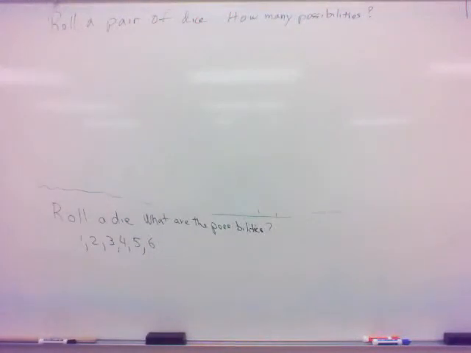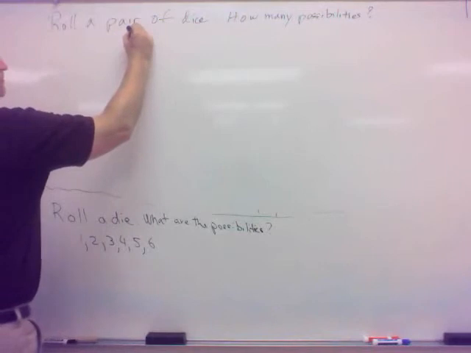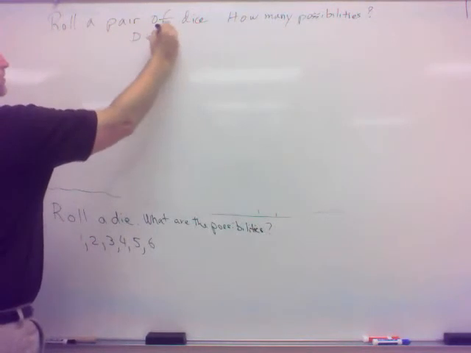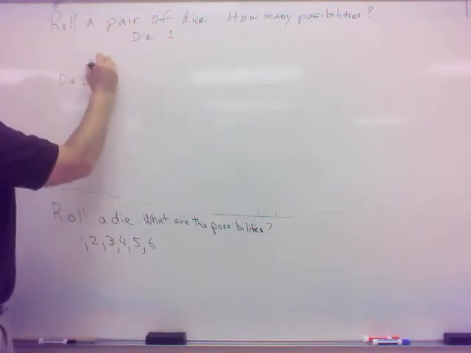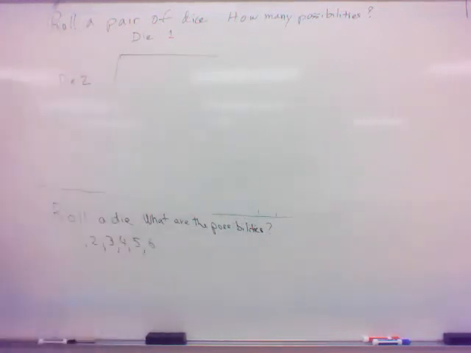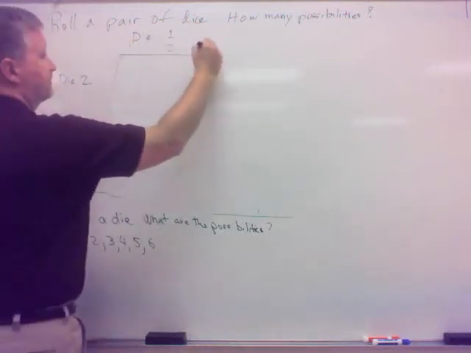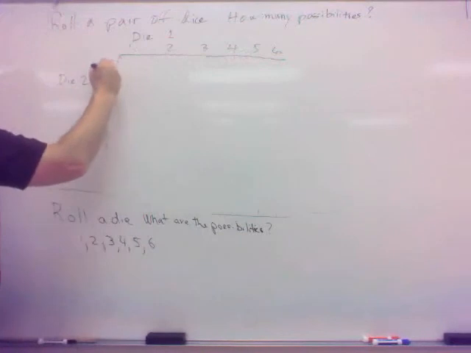It may be helpful to think of this in a table format. I've got two dice here. Call it die 1 and die 2. And on die 1, we could have 1 through 6. On die 2, we could have 1 through 6 as well.